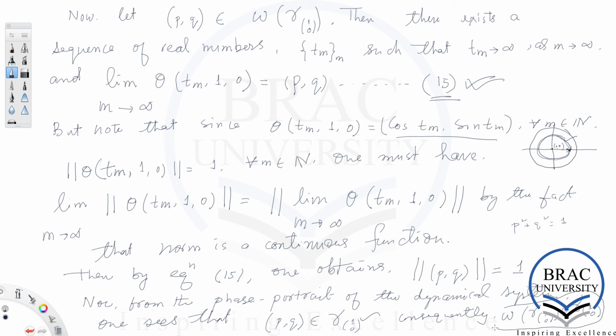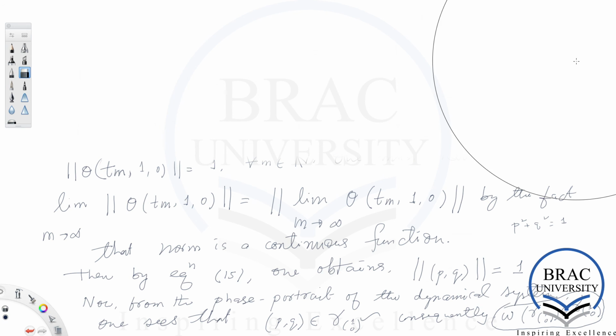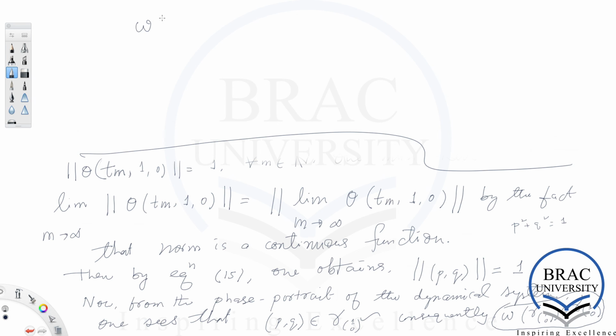So this way we prove the reverse inclusion, and hence we have the omega limit set of the orbit of (1, 0) to be equal to the orbit of the vector (1, 0).